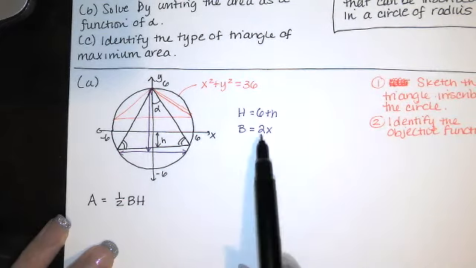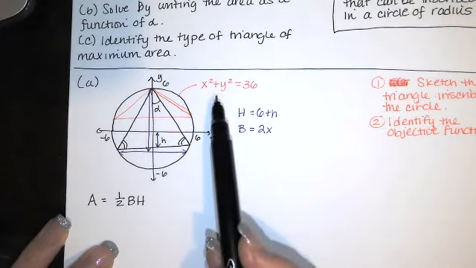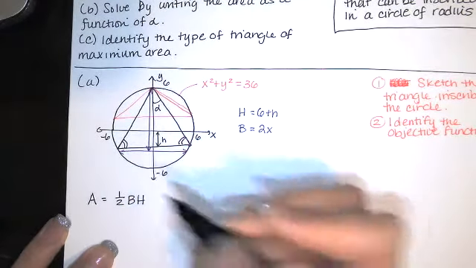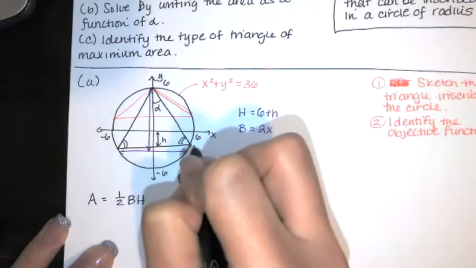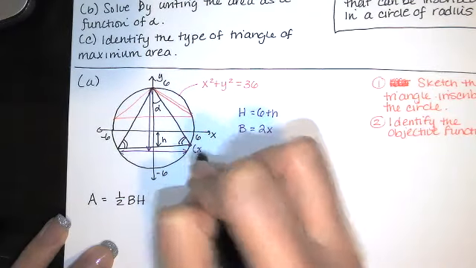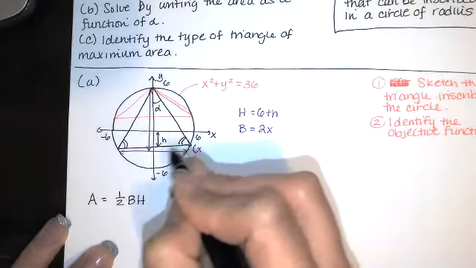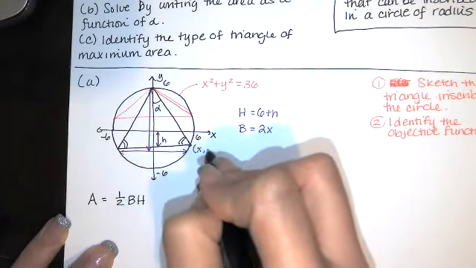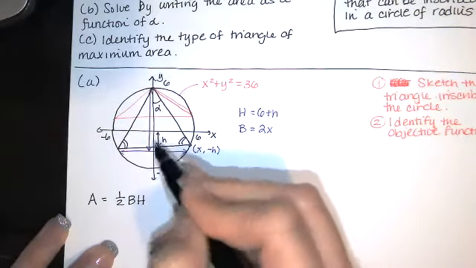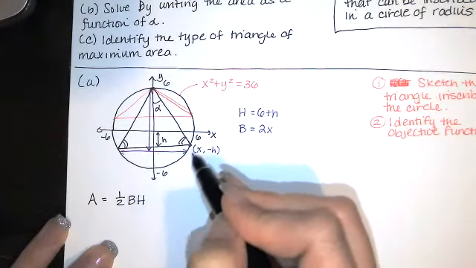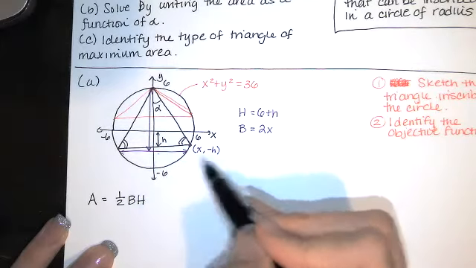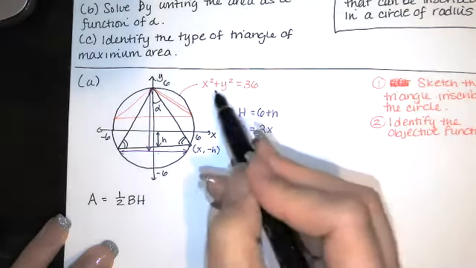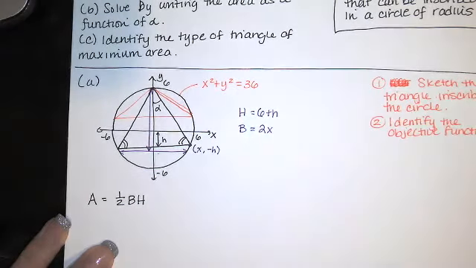But I can find x in terms of h using this equation of the circle. When we're at this point, I know it looks like it's tilted, I'm sorry. X is just given by x, and the y value is not h, as h is a distance. y is going to be negative h. So if that distance was 1, y would be negative 1. If that distance is 2, y would be negative 2. So x and negative h satisfy the equation of the circle.